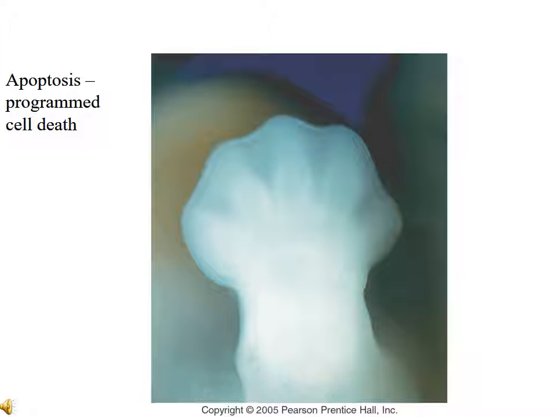What happens is that the cells between the digits are sculptured out. They're sculptured out through a process that we refer to as apoptosis, in that the cells themselves know that they are to die, and they are basically eliminated, forming the mature hands and fingers that we see in the fully developed fetus.